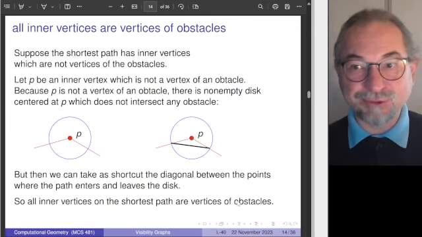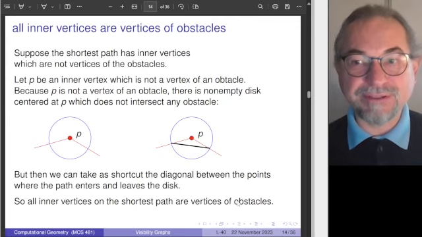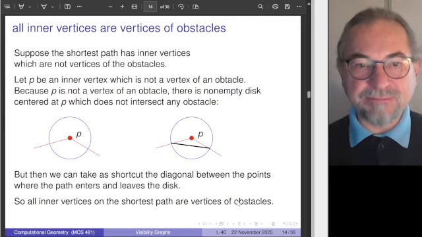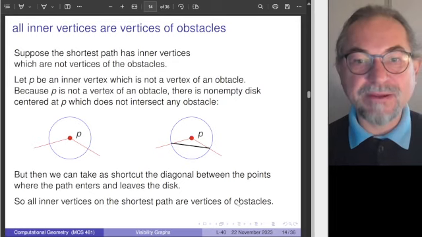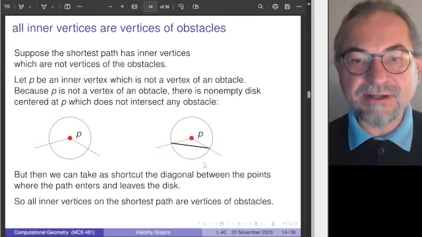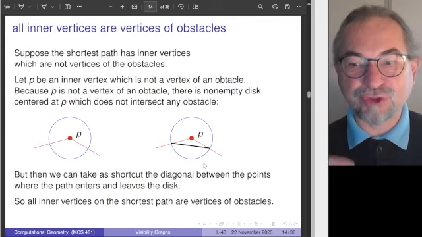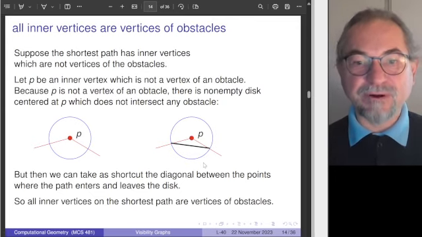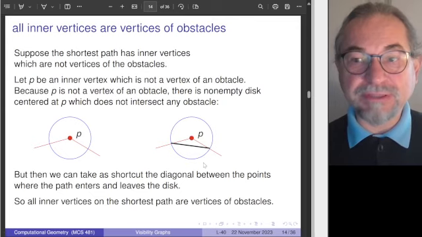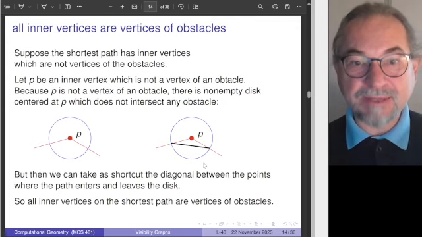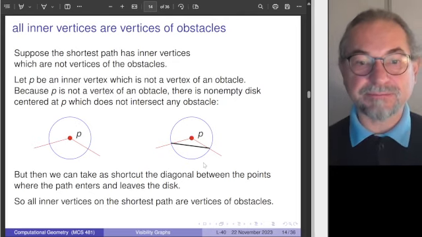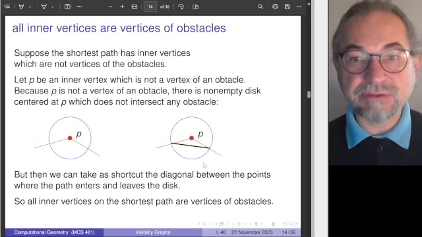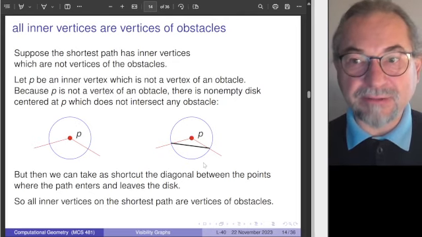Again, from analysis, it could be infinitesimal, but it is not zero. So there is a non-empty disk that has as center that vertex that is now on a polygonal path. But then you see there is again a black line, there is again a shortcut where you can find a shorter path. So that means that the vertex P cannot be an inner vertex in the shortest path. Okay, so this proves the lemma.